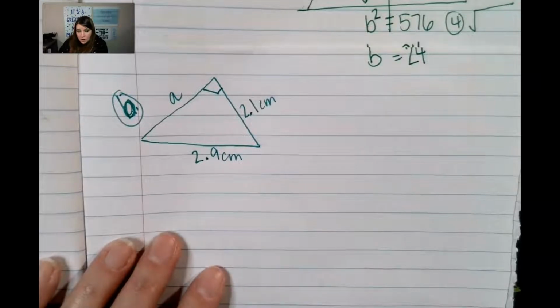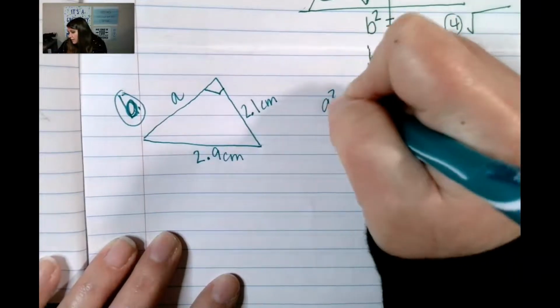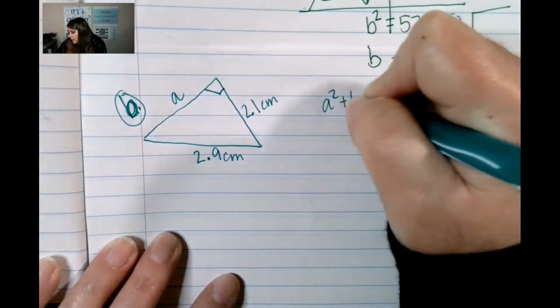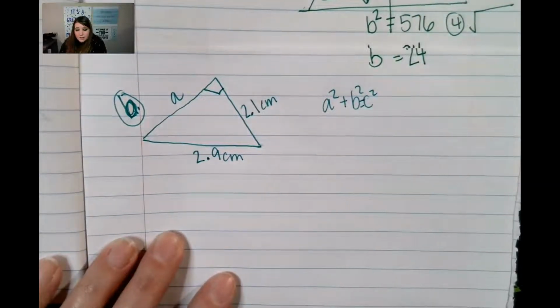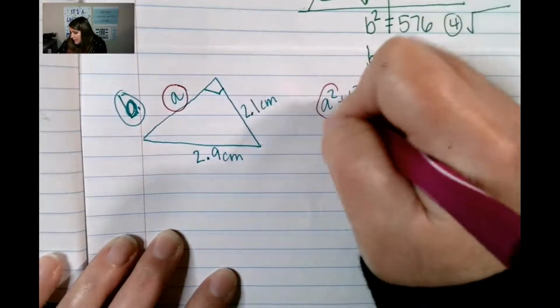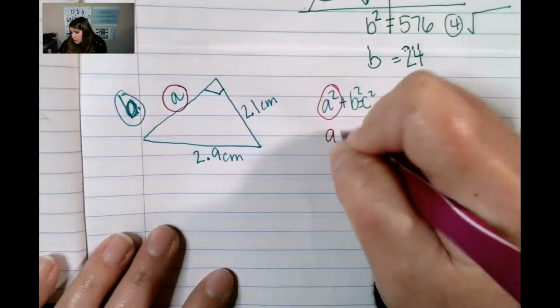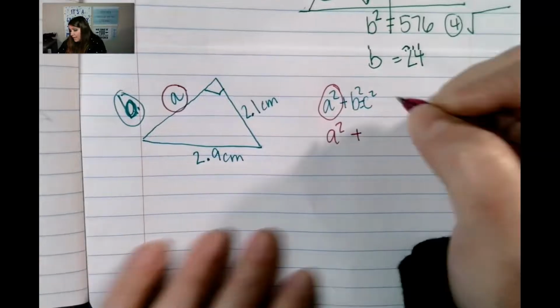Okay, so our first job, like last time, was to just write a squared plus b squared equals c squared. And now we're going to fill in the decimals. Here's my a, and this is going to just remain a squared because we don't know what a is.